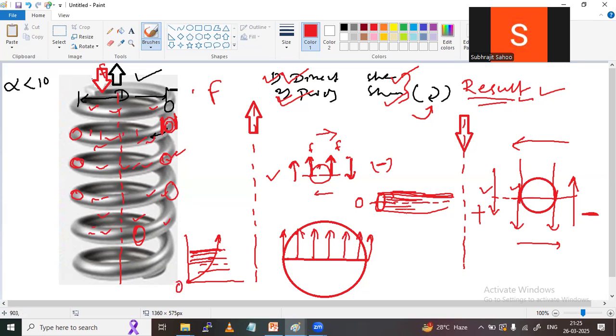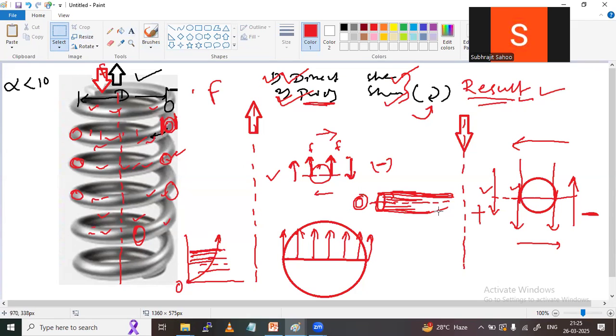In the same way, if it is a wire and twisting is done, then because of this twisting, more shear stress will be developed at the extreme fiber, here also. If you go towards the center, the shear stress gradually reduces, and at the center the shear stress becomes 0.